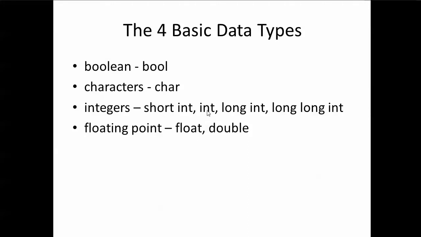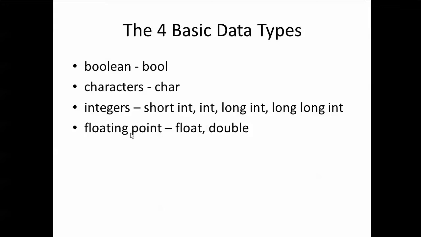There is a short, there's int and long int, and these can vary by the operating system and the machine. Probably for most of what you'll be doing, a short int is going to be 16 bits, an int is going to be 32 bits long, or 4 bytes, so 2 bytes, 4 bytes, these are usually the same, and then long is 64 bits or 8 bytes, and we'll have a separate advanced little seminar on bits and bytes.